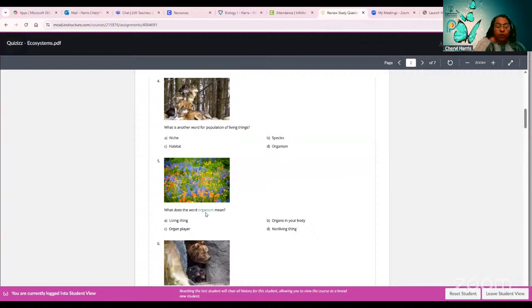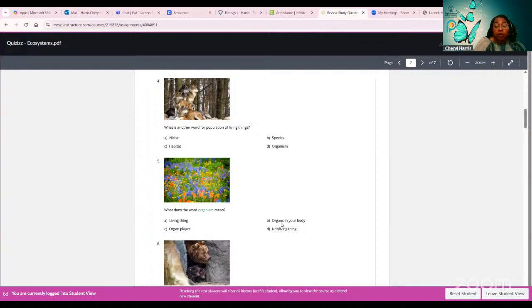All right. The word organism can mean, and somebody tell me. A is a living thing. All right, now what makes the rest? Well, D is out because that's a non-living thing. But the other parts, well, the organ player is kind of a silly answer because while we do have organs, we're not going to play them.